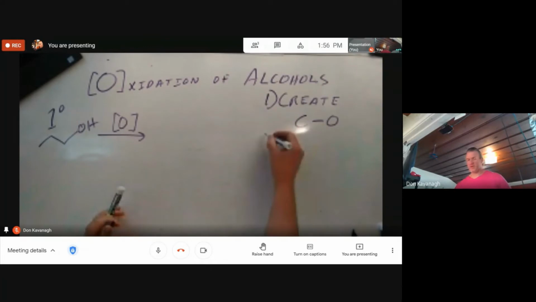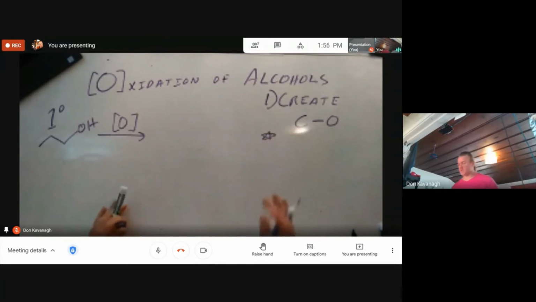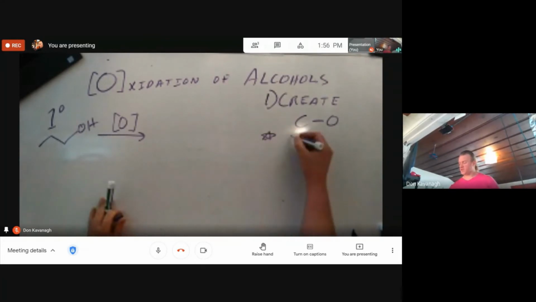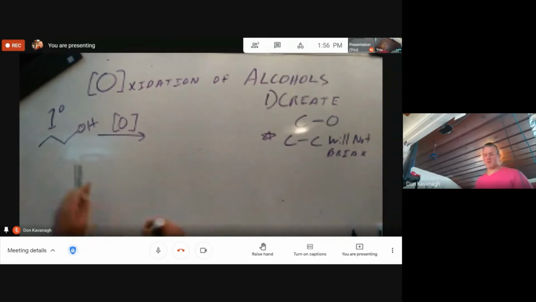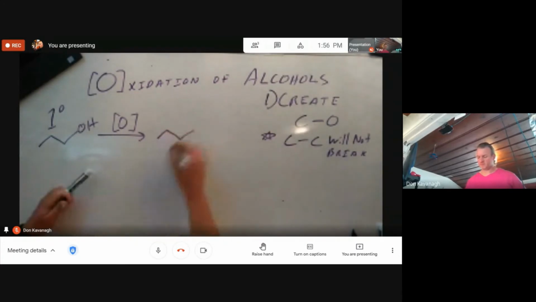Now, one thing I want to make very clear is that the oxidations are not going to destroy carbon-carbon bonds. They are not going to break that bond. That bond is going to stay intact. So with the oxidation of a primary alcohol, let's keep our carbons together. We have our 3 carbons.